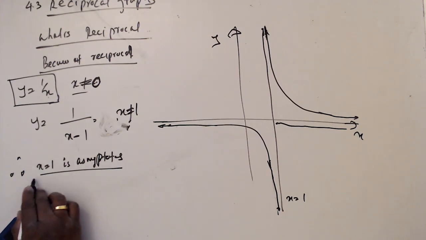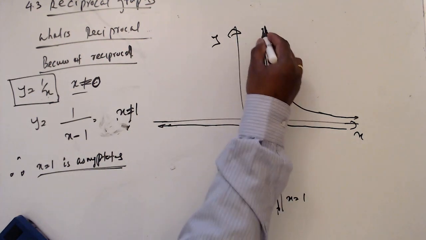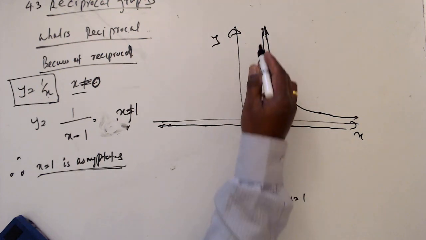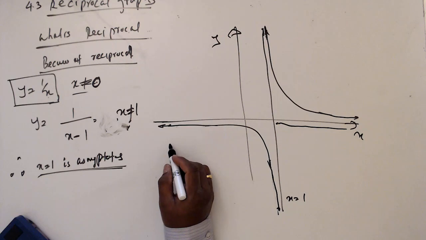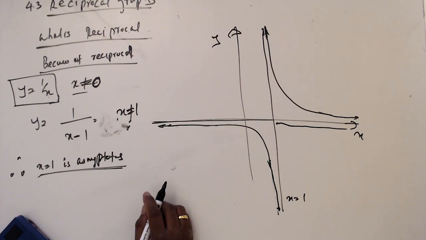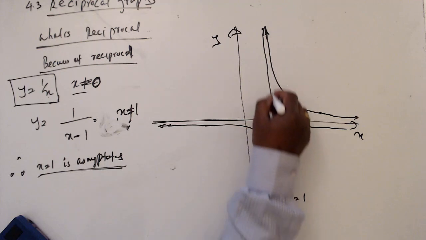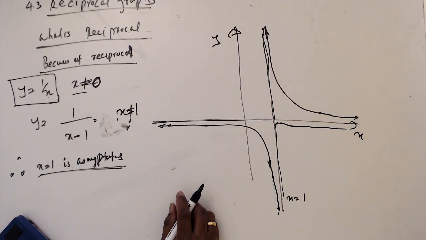Because of that, this becomes asymptotic. Which asymptote is this? Sorry, this is a vertical asymptote, and this is a horizontal asymptote. Asymptotes.